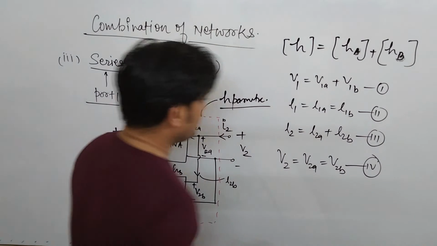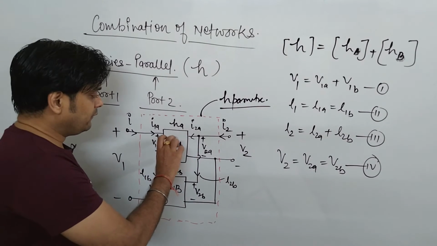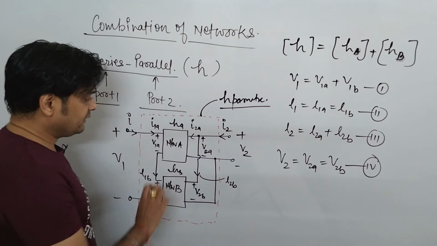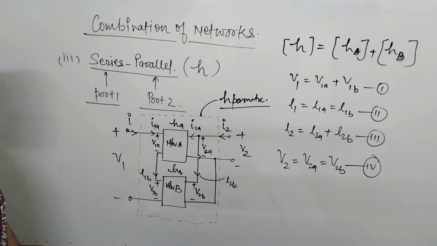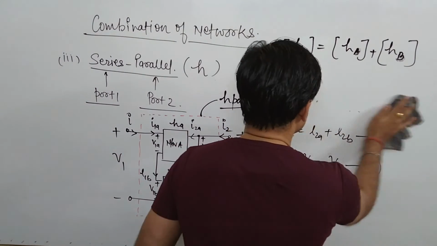This is your fourth condition. Okay, so if you are able to find the H parameters of network A and network B, simply you can add them and find the solution. So the final H parameters, you can call it as what? We will see here.